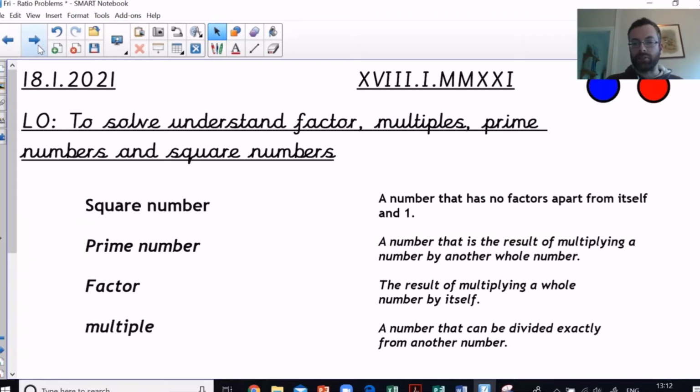A number that is the result of multiplying a number by another whole number, which one do you think that goes with? The result of multiplying a whole number by itself, what do you think that goes with? And a number that can be divided exactly from another number, which one do you think that goes with? Now, we'll pop back to that in a minute, hopefully.